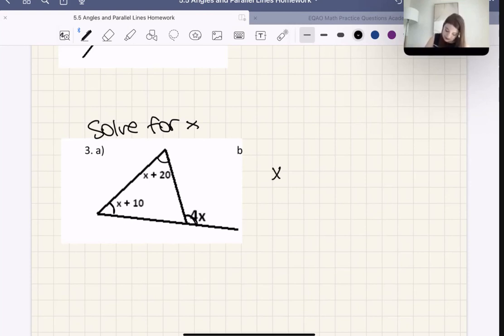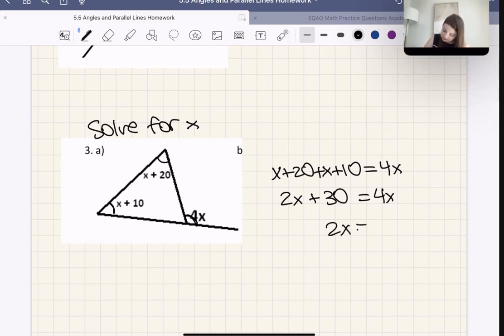So that means x plus 20 plus x plus 10 is equal to 4x, right? So then we have 2x plus 30 is equal to 4x. If we subtract 2x from both sides, we get that 2x is equal to 30. And then if we divide by 2, we get that x is equal to 15. And there we go. That's it.